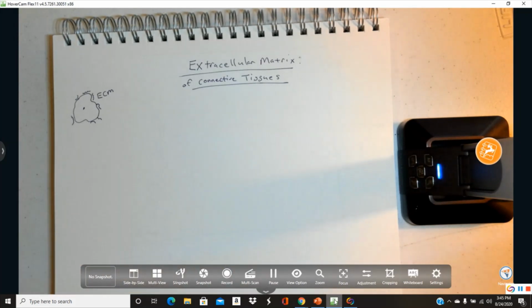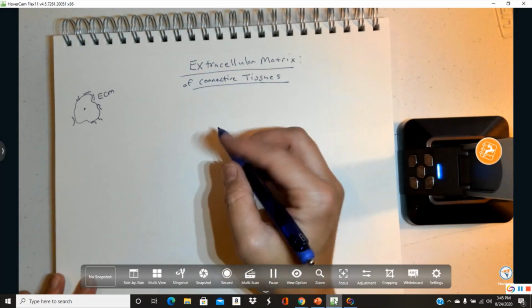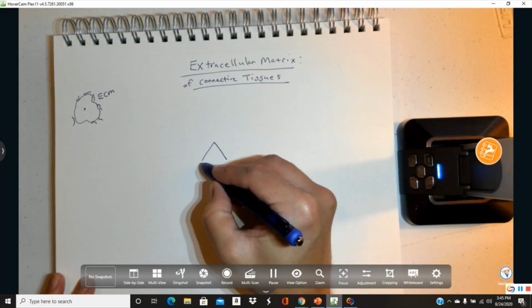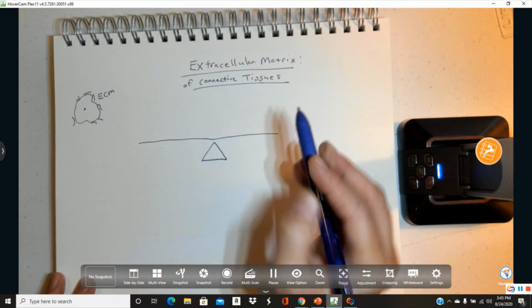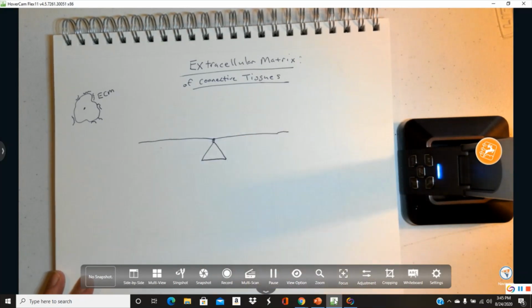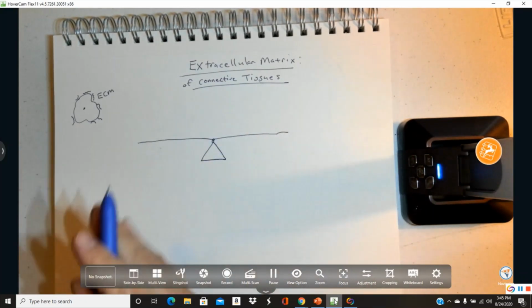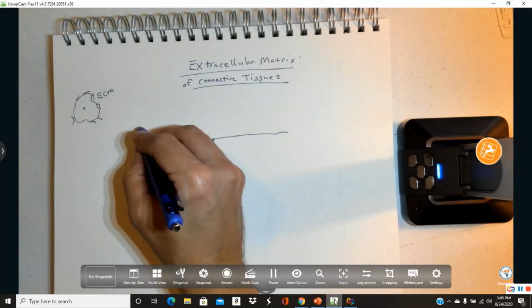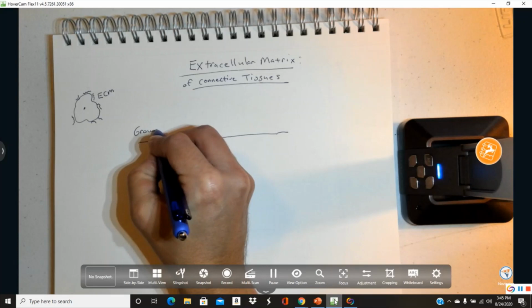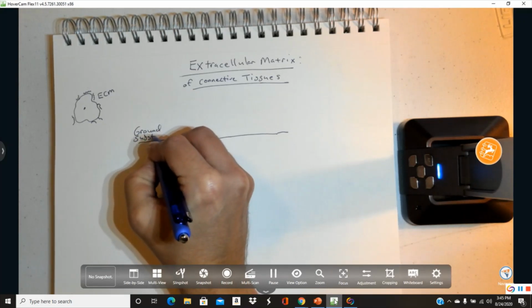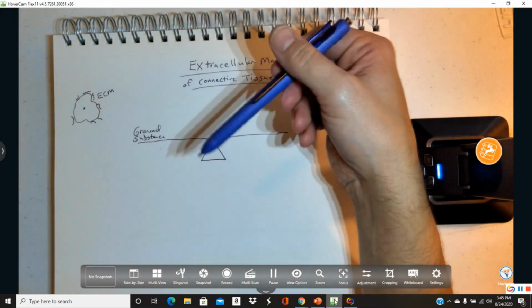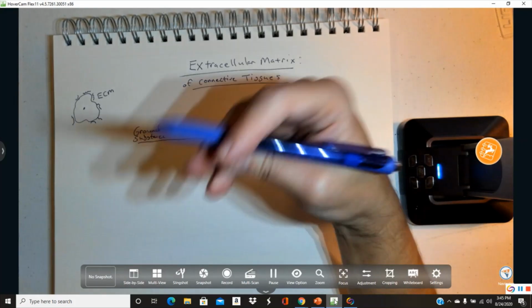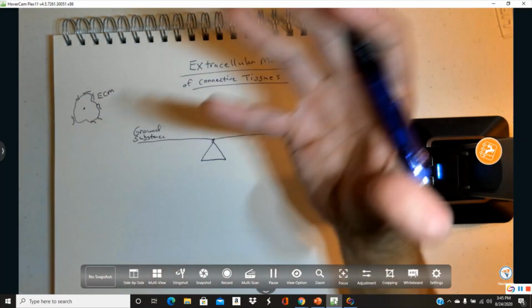because every connective tissue has a unique set of extracellular matrix. Now, the first thing I always like to think of with extracellular matrix is two best friends who are on a seesaw together. One of these best friends is called ground substance. Ground substance is usually going to be liquid, but it doesn't have to be. It can be unique to certain things.